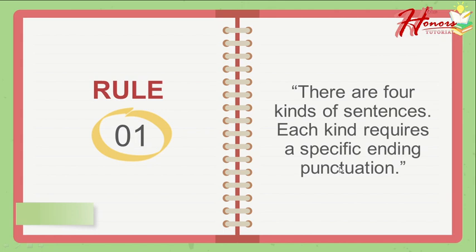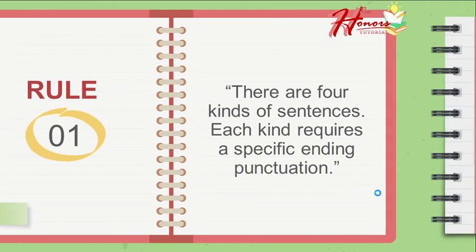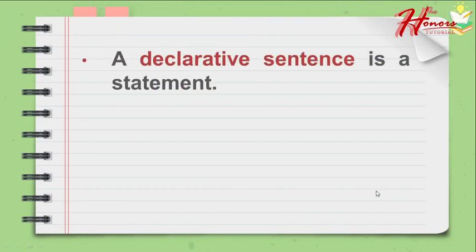There are four kinds of sentences, and each kind requires a specific ending punctuation. Let's start with the first kind of sentence. We have here the declarative sentence. When we say declarative sentence, the key word here is that a declarative sentence is a statement.